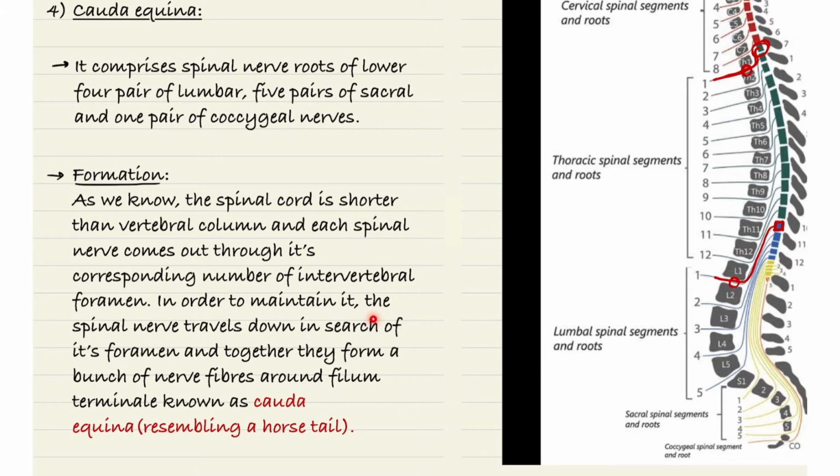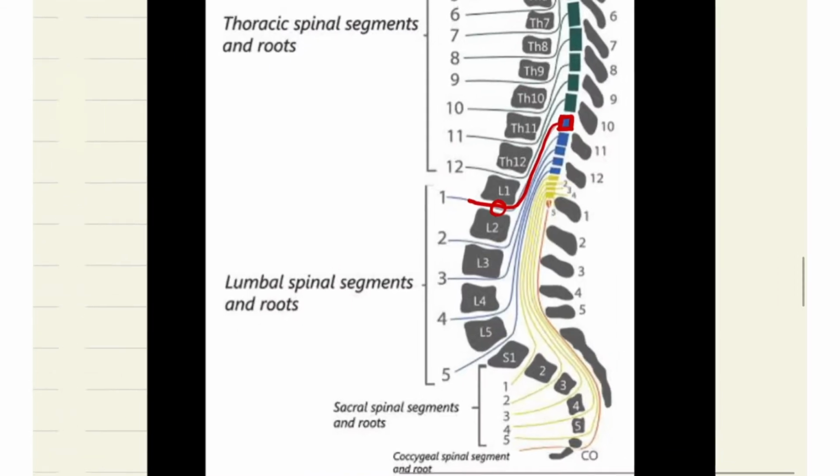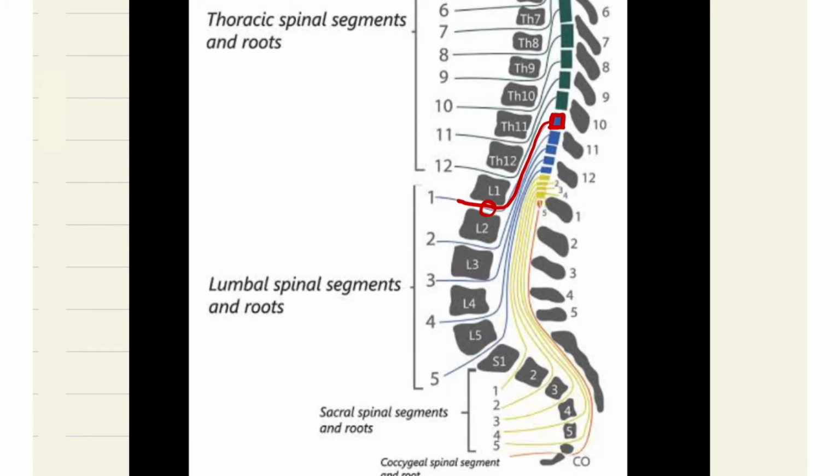In order to maintain this, the spinal nerve travels down in search of its foramen like we saw, and together they form a bunch of nerve fibers around the filum terminale known as the cauda equina, resembling a horsetail. So in this part, this forms a tuft of spinal nerves which is known as the cauda equina.